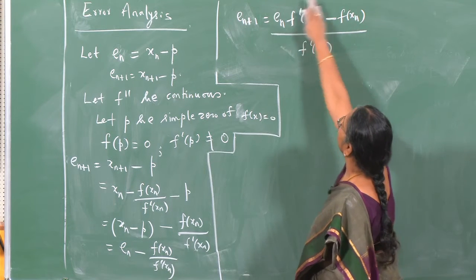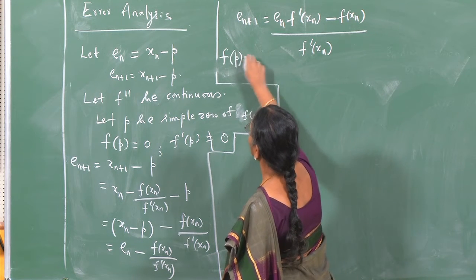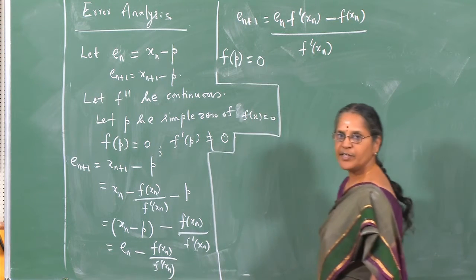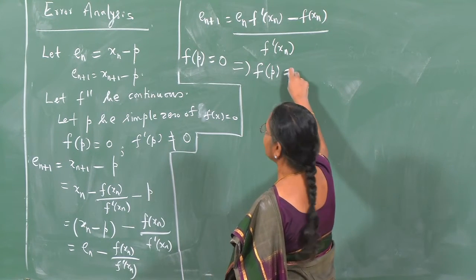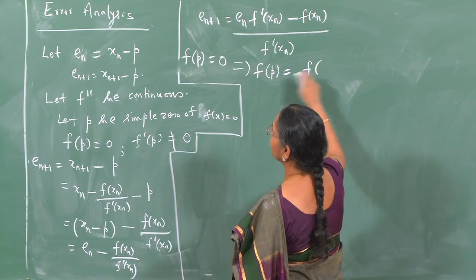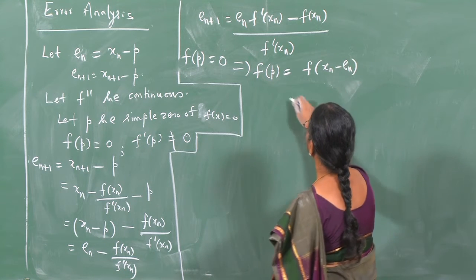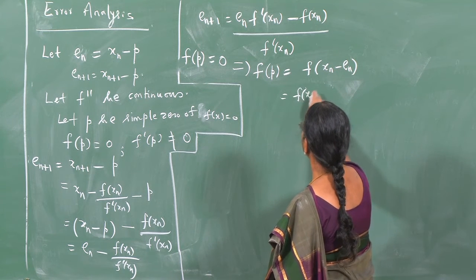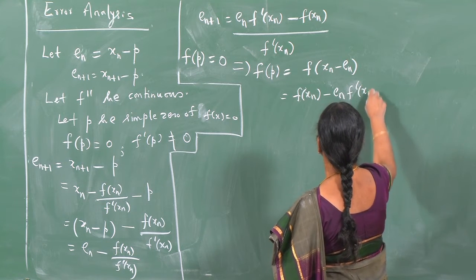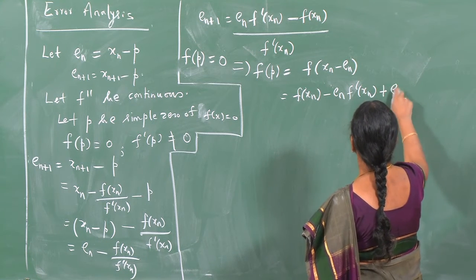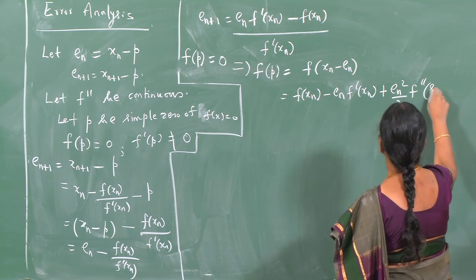So, I would like to simplify this, making use of the fact that f of p is 0. This tells me f of p is equal to f of xn minus En. So, that will be f at xn minus En into f dashed of xn plus En square by factorial 2 into f double dashed at xn.